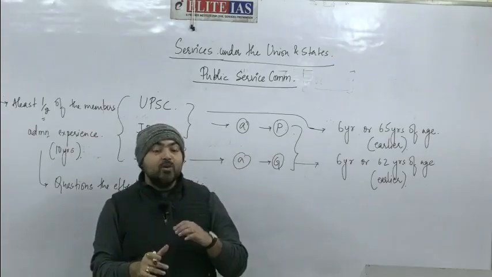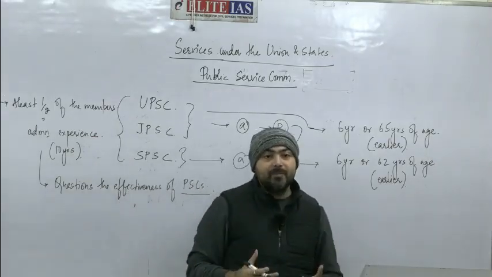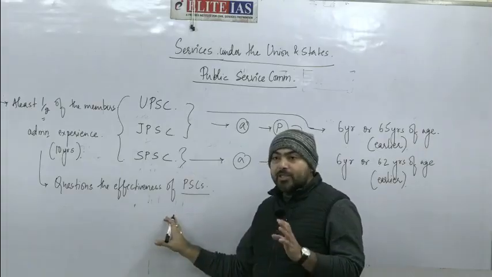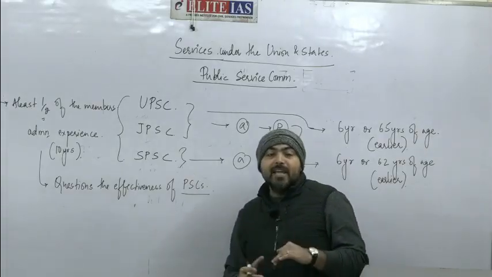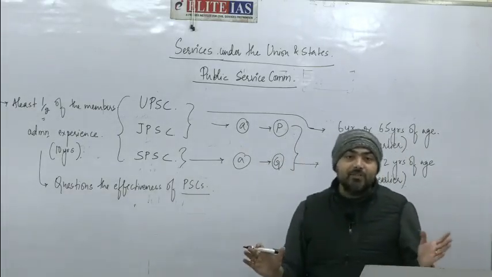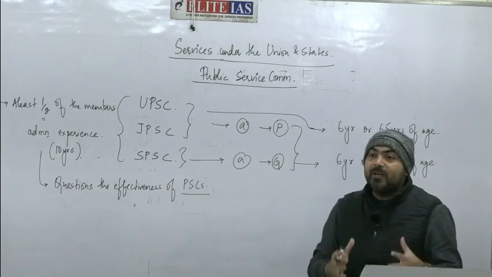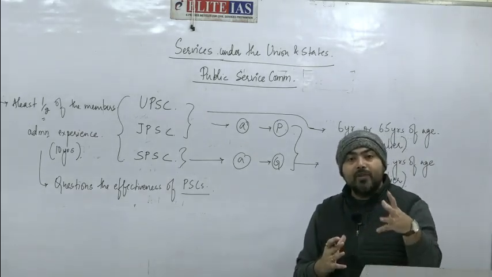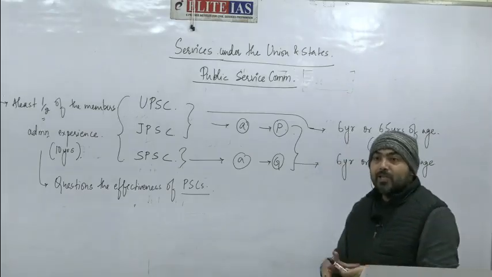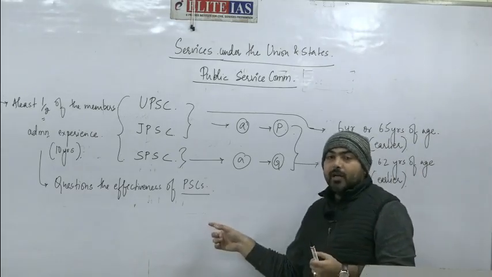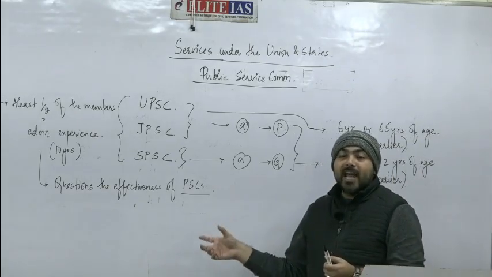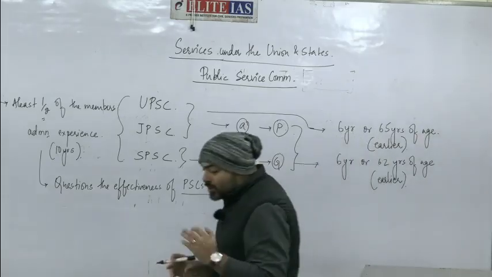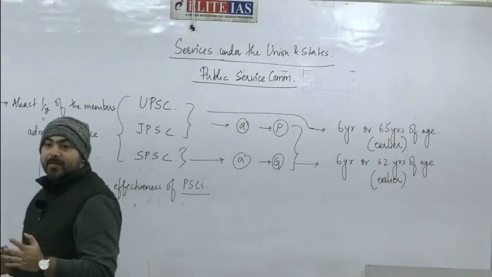But the qualification for the other 50% is not laid down, which means any individual with or without proper qualifications can be appointed to such offices. Why? Because the Constitution does not limit the executive powers of the government in this context.